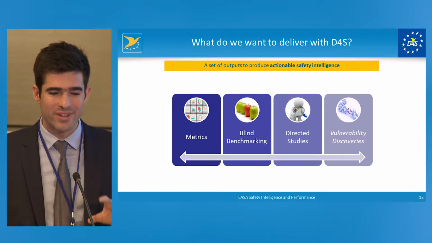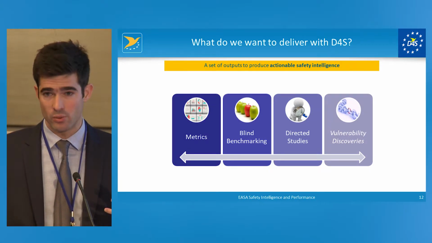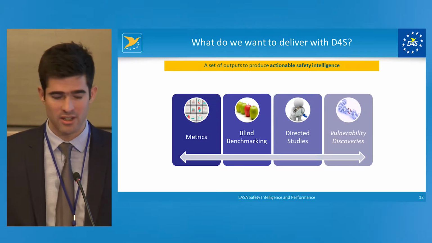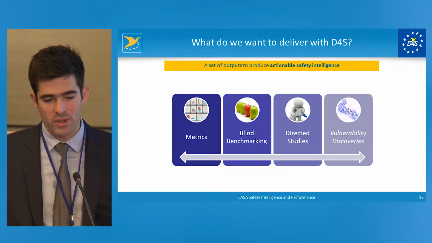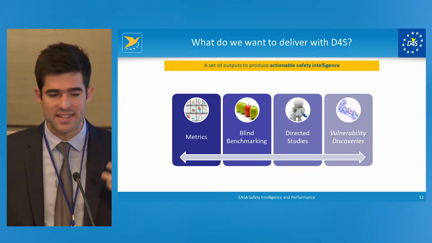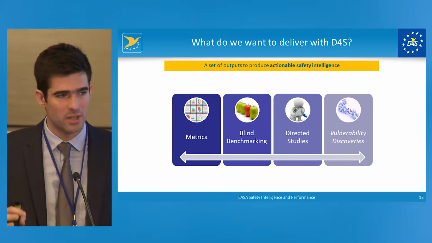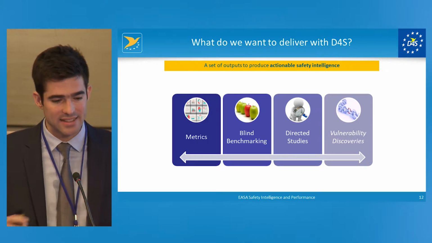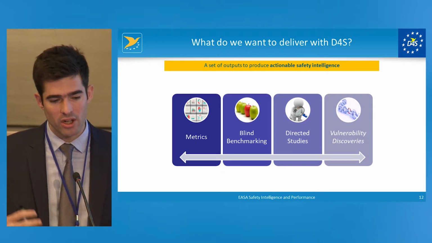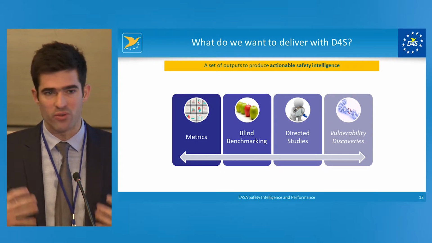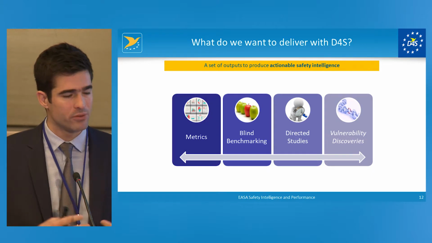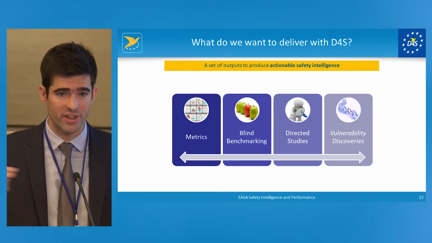Now, a focus on the key families of outputs we expect in terms of safety intelligence for this program. The first category, we call it metrics. These are safety performance indicators, a set of algorithms and analytics that measure the evolution and trends of known safety issues at systemic level, so on all the data aggregated.